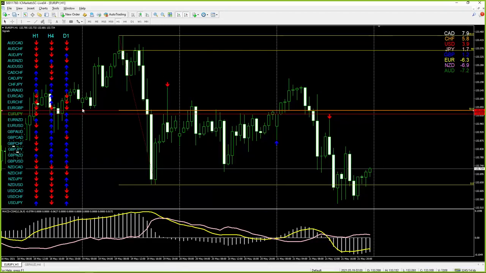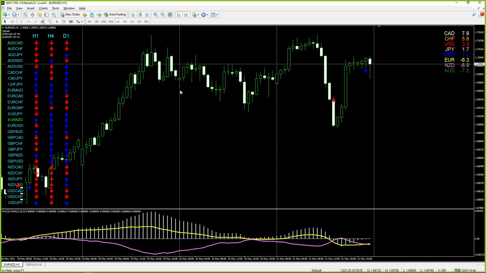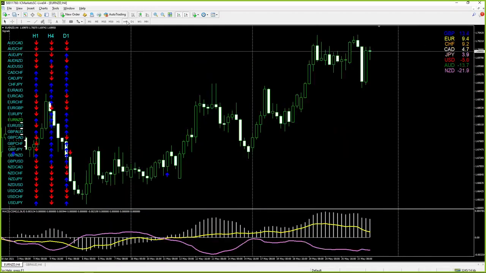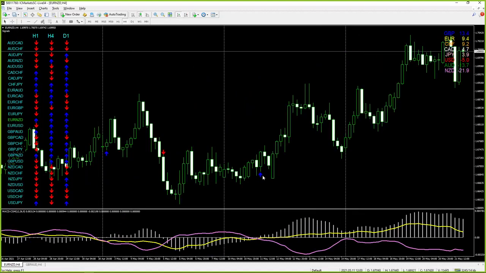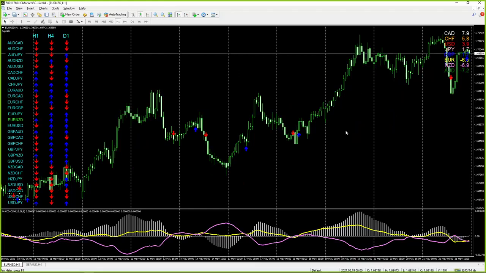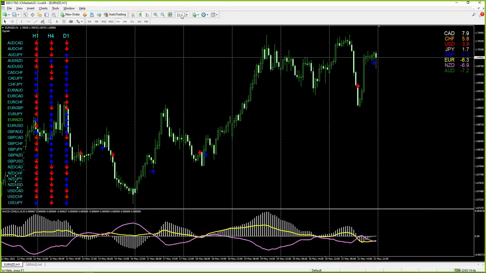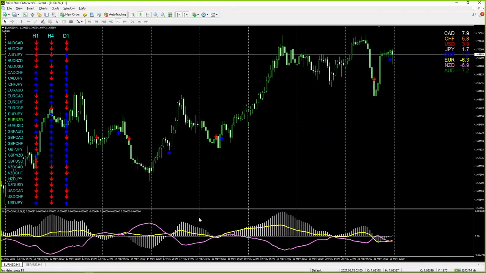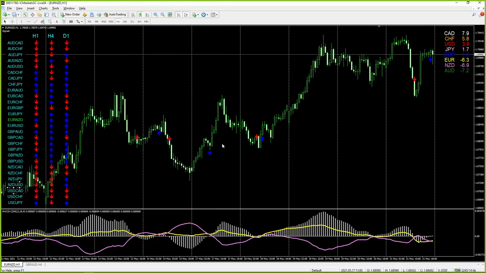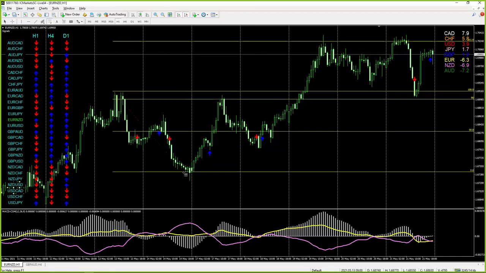So the next one is EUR NZD. The general trend on EUR NZD was buy a few days ago. On H4, it was buy since last week. On H1, we will only be looking for buy signals on EUR NZD. So last Monday, there was a buy signal on EUR NZD. We would be plotting it again 2 days backwards.